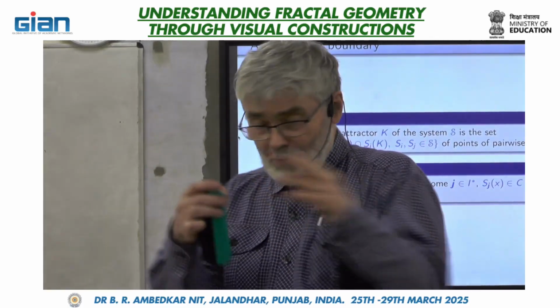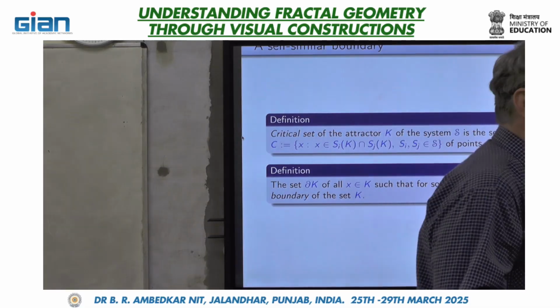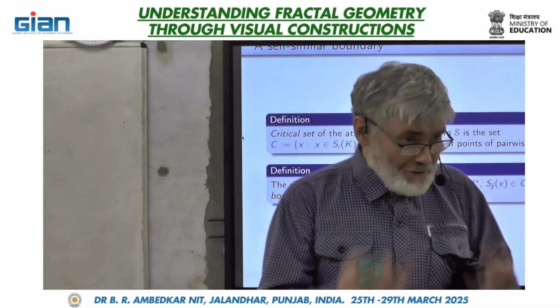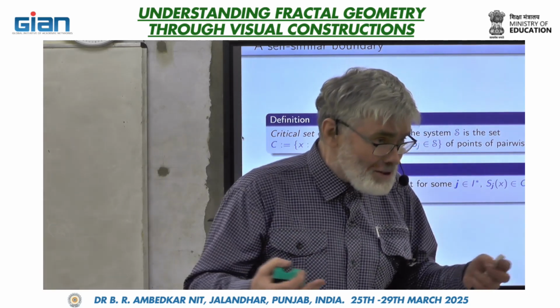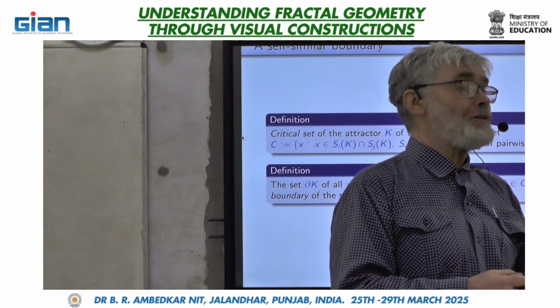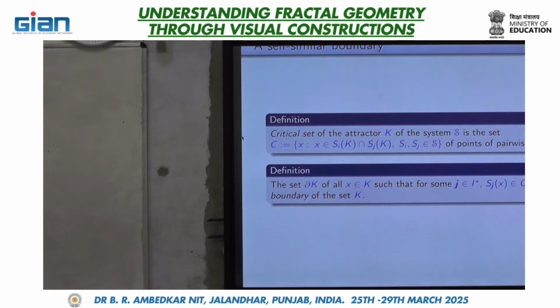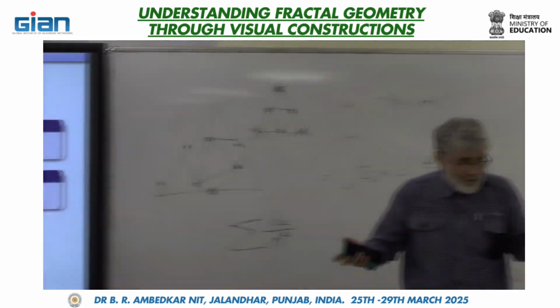So all aspects of relations between different copies of a self-similar set are expressed in terms of the points of the self-similar boundary. If the self-similar boundary is empty, then the set is totally disconnected. If the self-similar boundary consists of three points, the set is very simple.